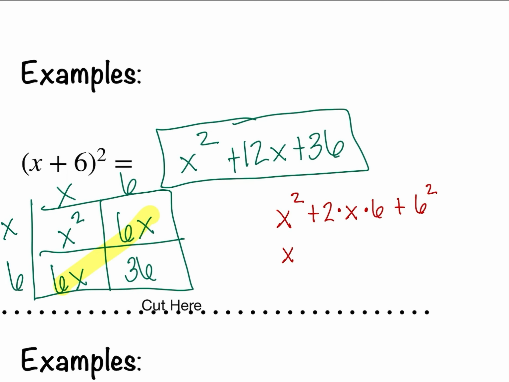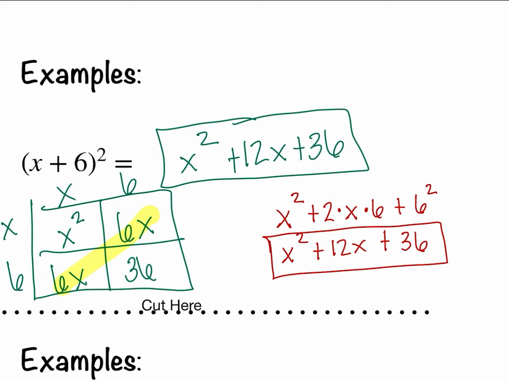So it would be x squared, and then 2 times x times 6 gives me 12x, and then 6 squared is 36. So either way you do it, you would still get the exact same answer, whether you multiply it out using one of your favorite methods, or if you know that it's a special product and you can go ahead and use this shortcut to get to the answer.